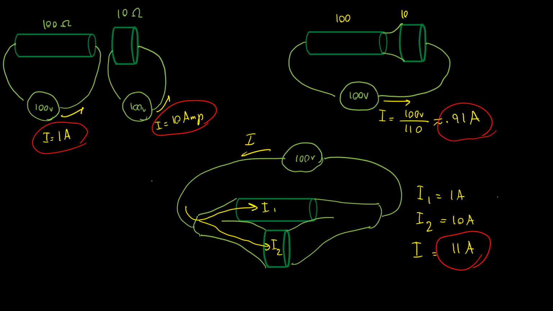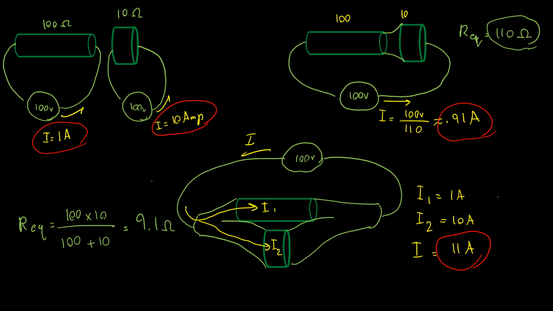Why is this? Because my R equivalent over here is R1 R2 over R1 plus R2, which is 100 times 10 divided by 100 plus 10, and that gives me 9.1 ohms, whereas here my R equivalent is 110 ohms.